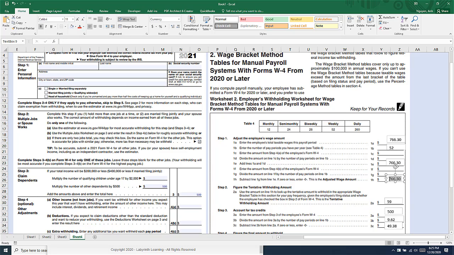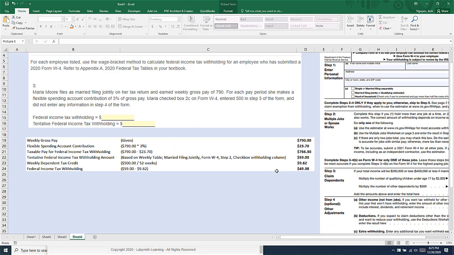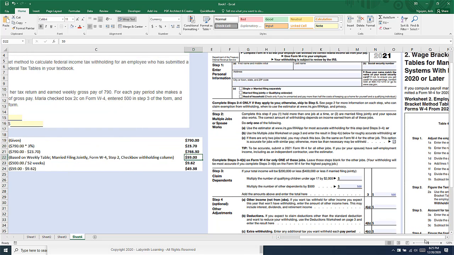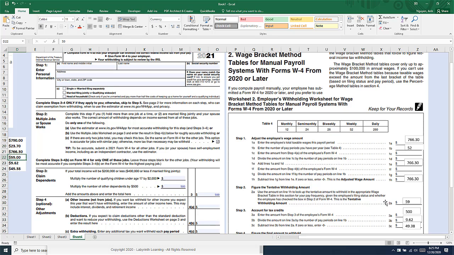Now, based on this figure, $766.30, we looked up the tax. And it comes out to 59. Recall we did that by looking in Appendix A, the wage bracket method.